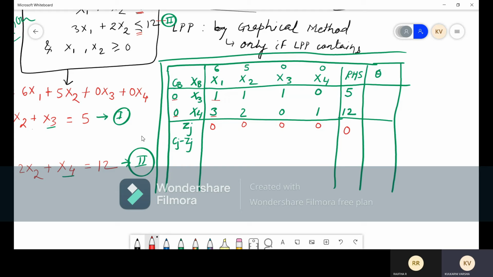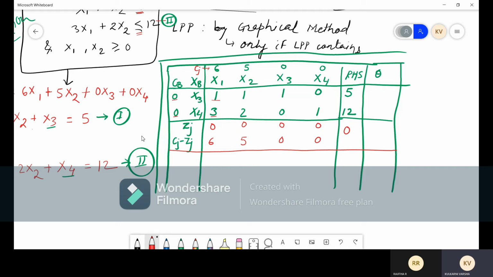And now we'll find out cj minus zj. So Cj is nothing but this, which is 6 and 5. So 6 minus 0 is 6. Okay, so we got Cj minus Zj. Once we finish Cj minus Zj, we have to go to the next iteration.